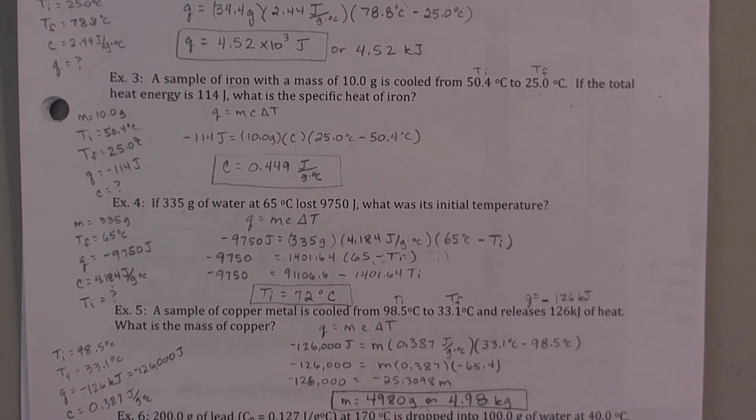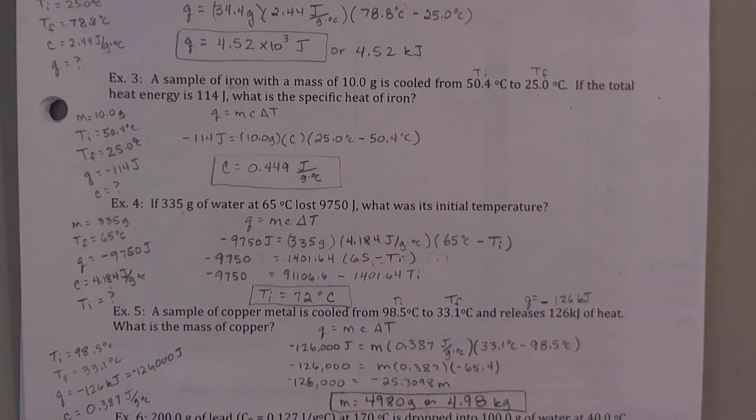What's the mass of that copper? Well, you plug those into your MCAT equation and you do the math, being careful with your positive and negative signs because that's what can throw you off on these. And your final answer is 4,980 grams or 4.98 kilograms.